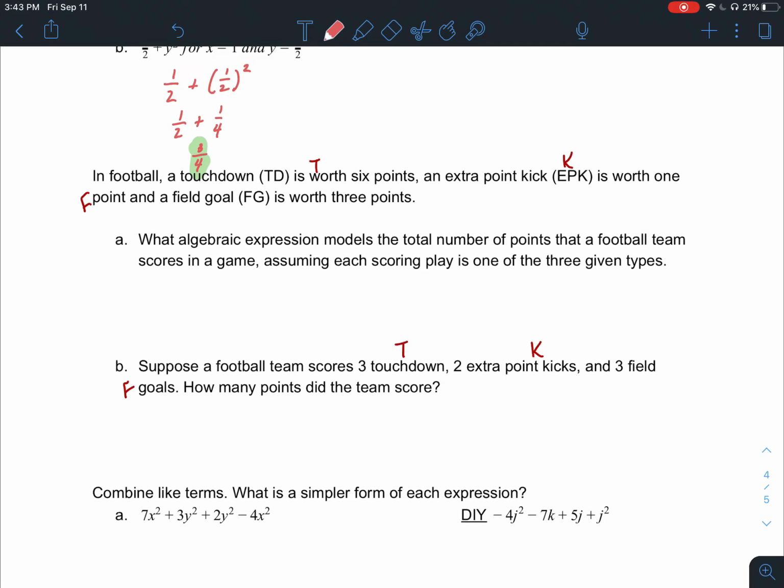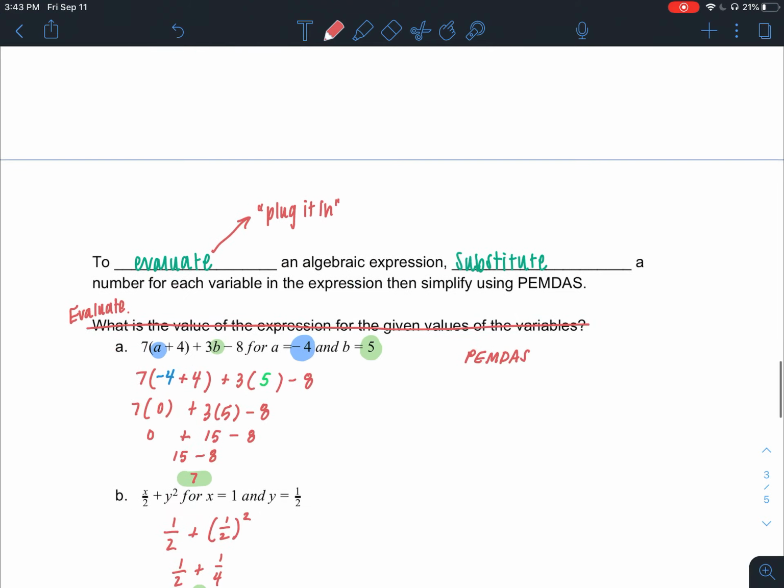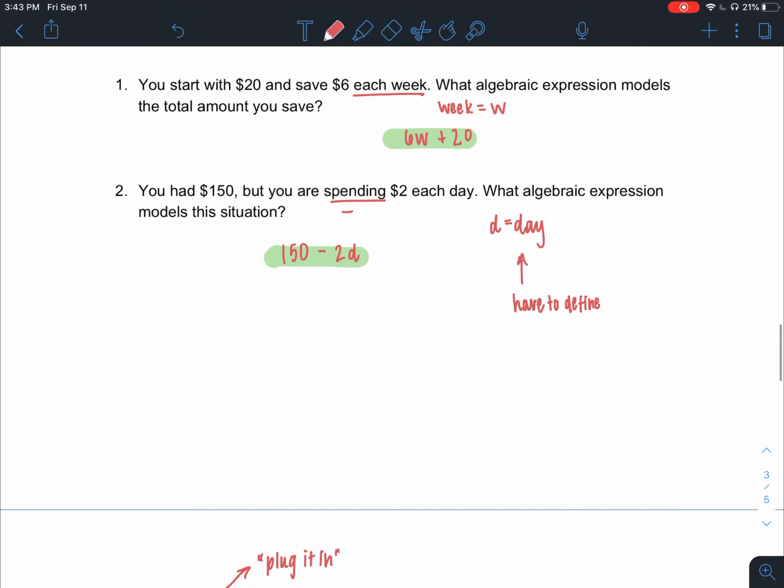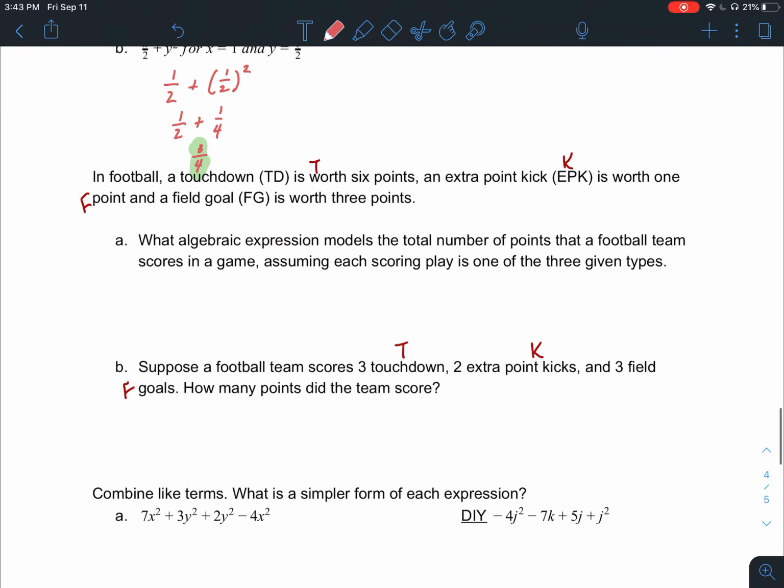So go ahead and write that equation. It should be very similar to the problem we did up above. So go ahead and do that. What you should get is 6t plus 1k plus 3f is our total.